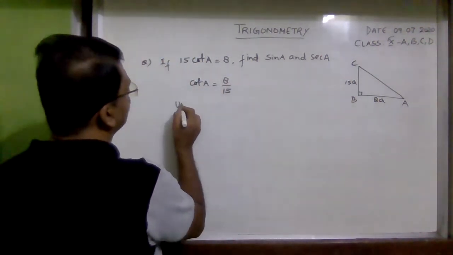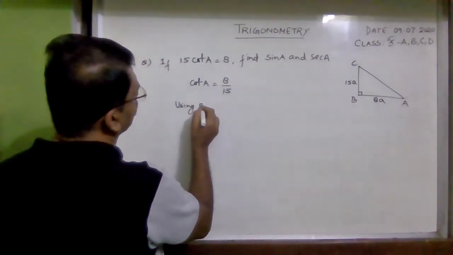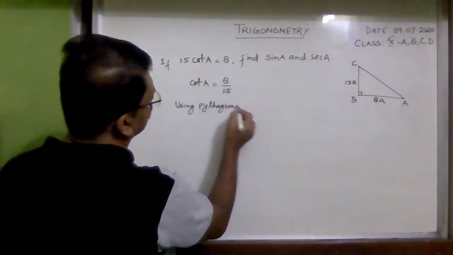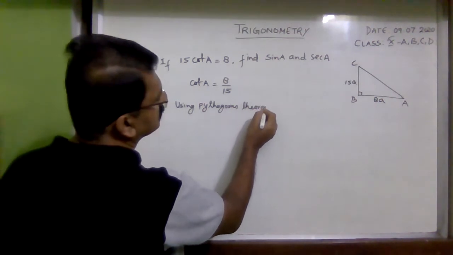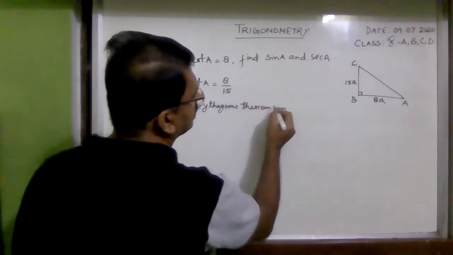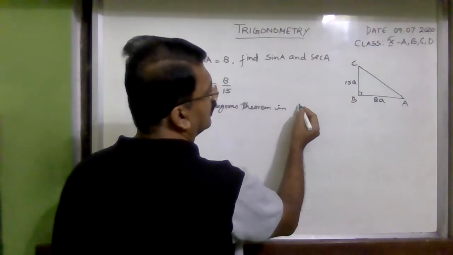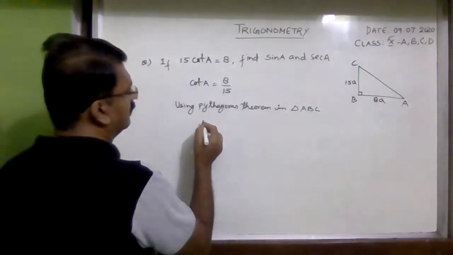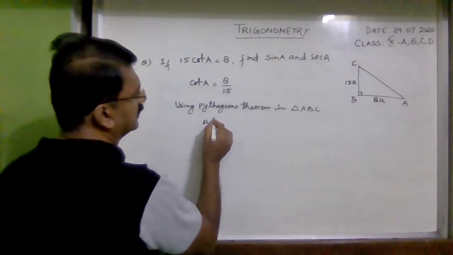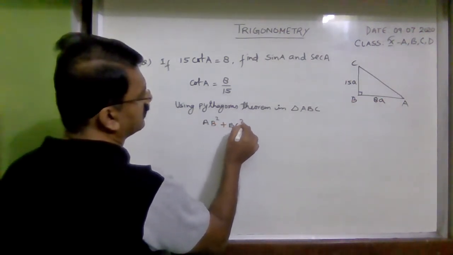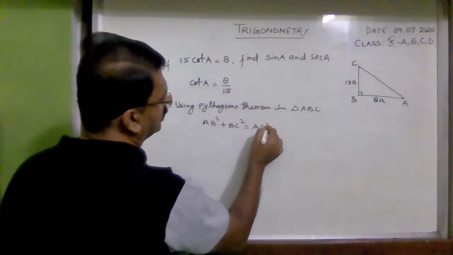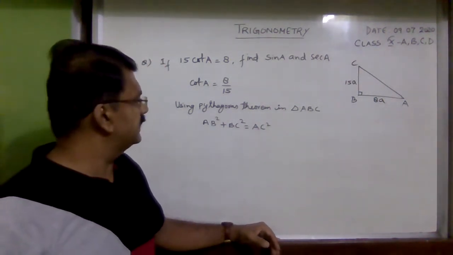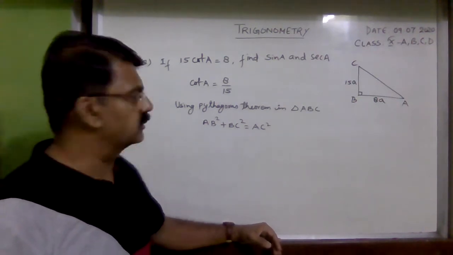So using Pythagoras theorem in triangle ABC, AB square plus BC square is equal to AC square.